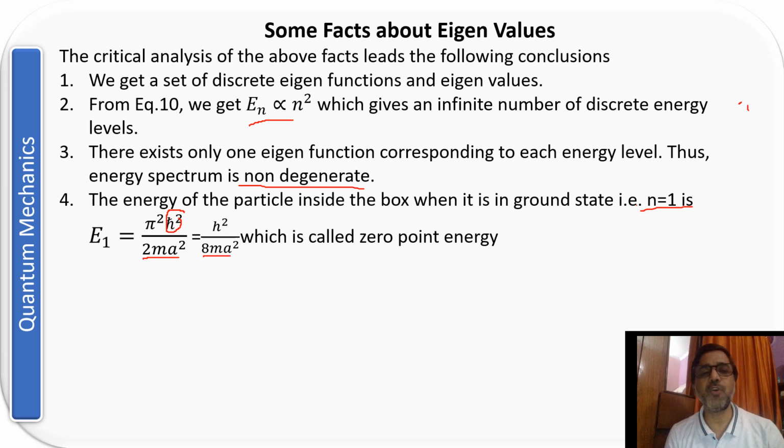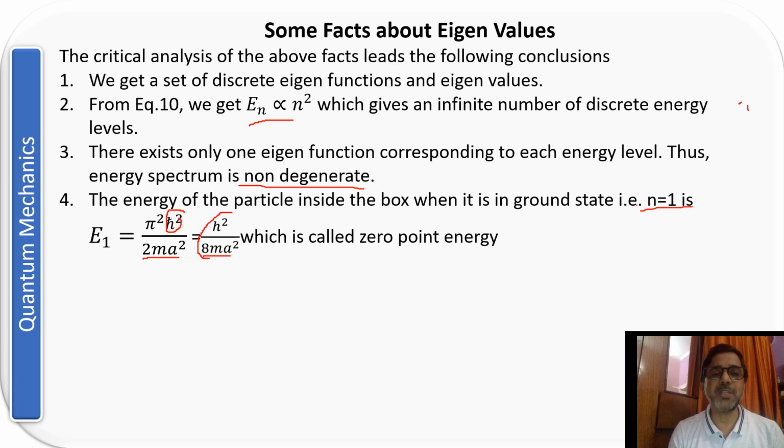This is the value of your ground state energy, that is the first energy state. E0 is not possible, which I have explained in detail. So the energy starts from the first quantum energy state, where the minimum energy is not zero, right? You have a particular value of this, and what is that value? h, right?